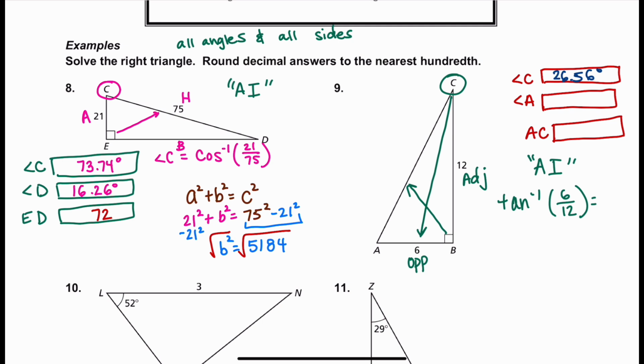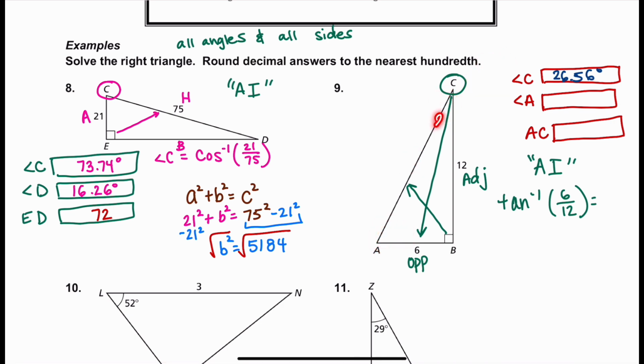Now, let's say I'm trying to find A. I know what C is. It's 26.56. So all I have to do is I know that every triangle adds up to 180 degrees. I have a 90-degree angle here, so the other two angles also add to equal 90 degrees, because 90 plus 90 is 180.